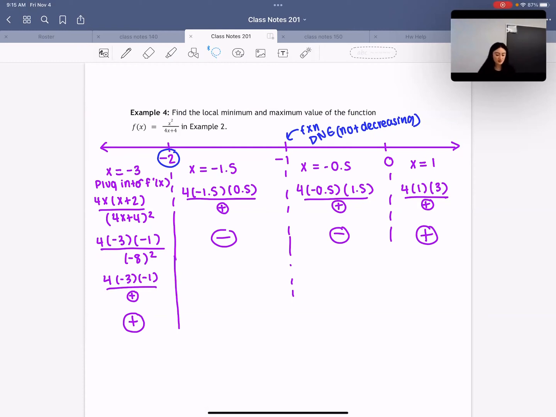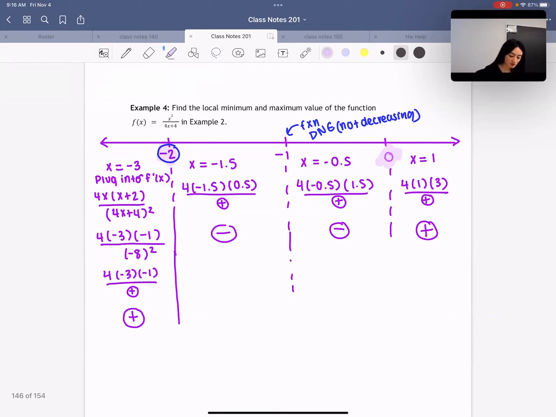We got -2 and 0, and -1 came about, but we said that the function didn't exist at -1, which is why we threw it out as a critical number, but we still kept it because for increasing and decreasing we also have to think about where the function doesn't exist, okay? So the only critical numbers in this example are -2 and 0, but not -1.